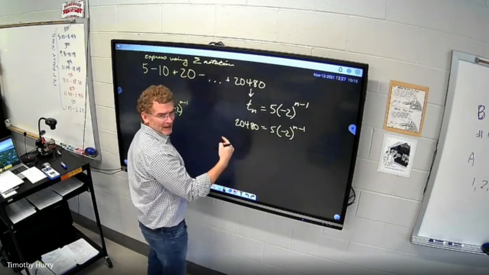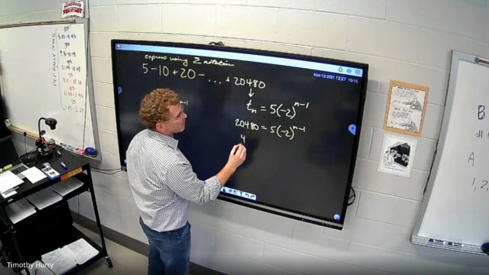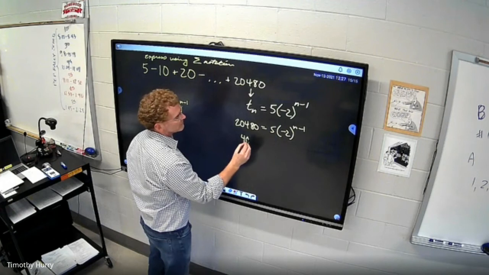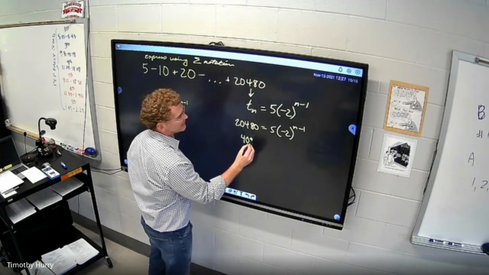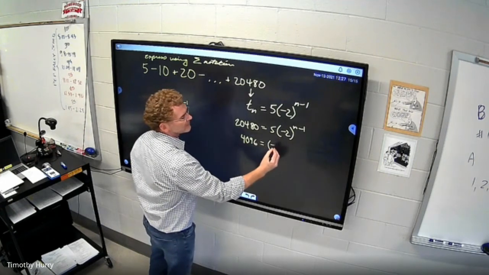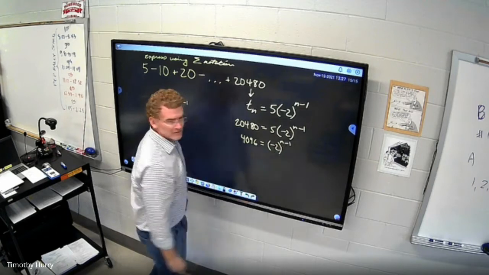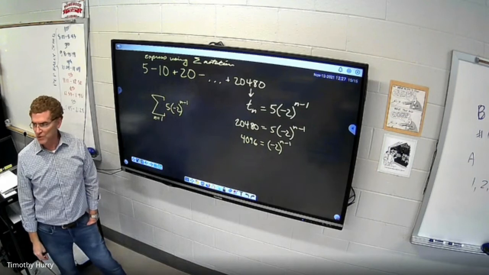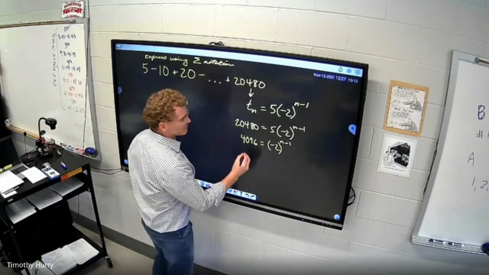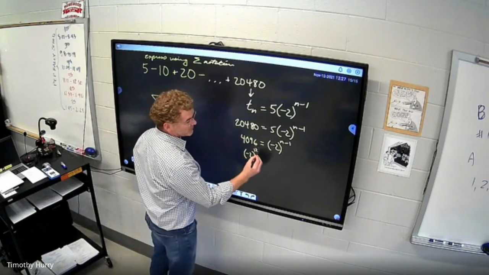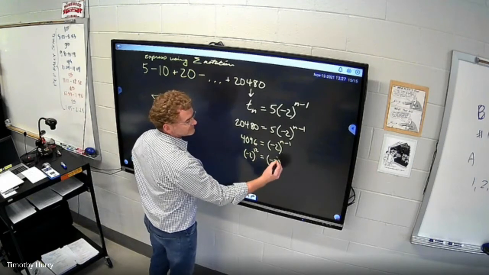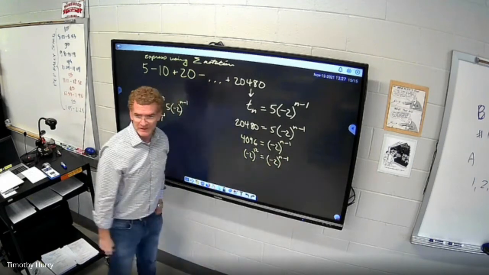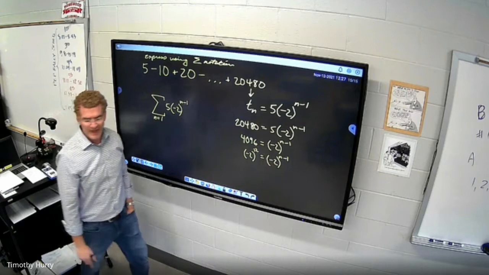I can divide by 5, which would give me 4096. And we know what 4096 is: 2 to the 12. Would it also be -2 to the 12? And that would make sense here, wouldn't it? So at that point I can go, oh.